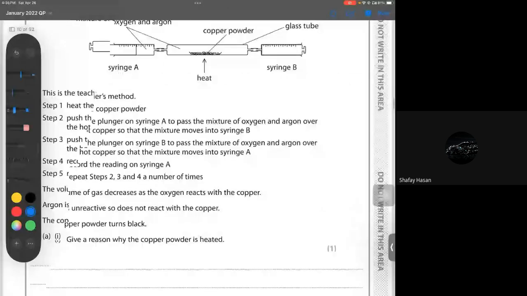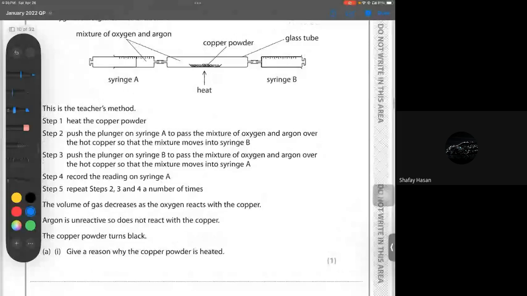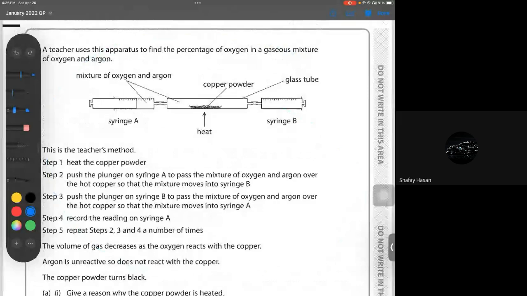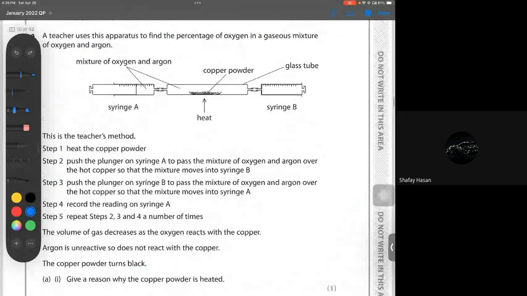Give a reason why the copper powder is heated. You have this whole method. I'm going to give you only 1 minute. So tell me the answer of part A, part 1, fast. Trust me, very easy.